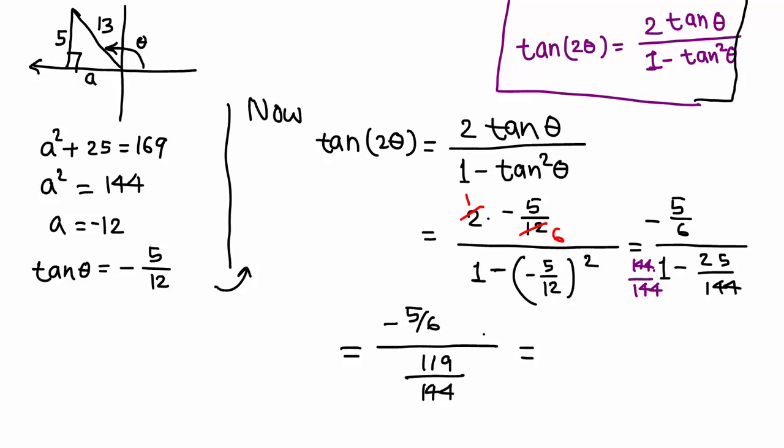Now this is negative 5 over 6, so when we get rid of this complex fraction, keep, change, flip, so negative 5 over 6, change this into multiplication and flip, so 144 over 119, and just simplify.